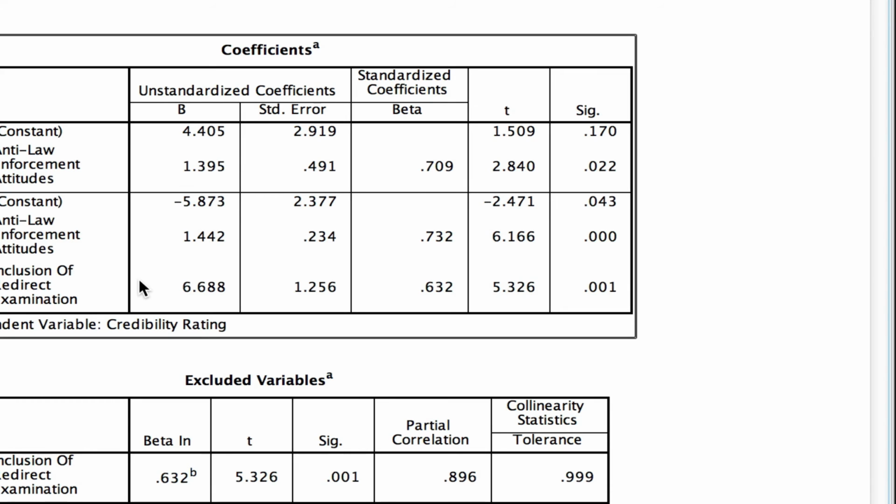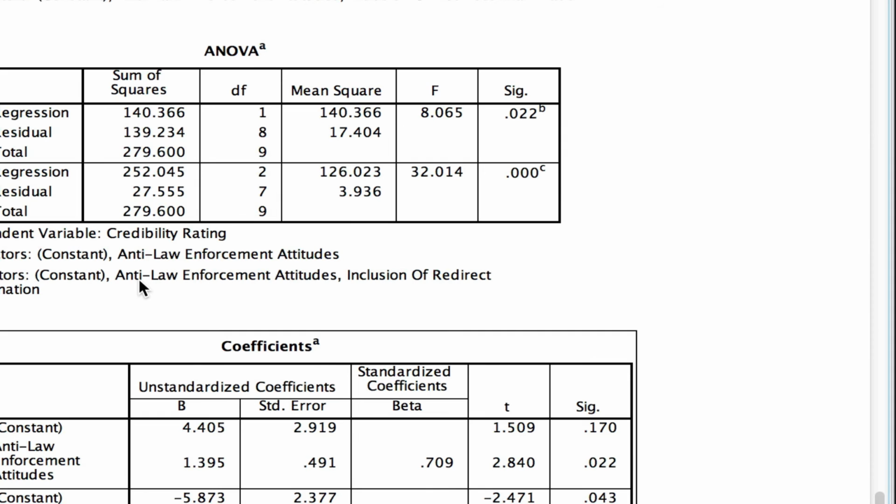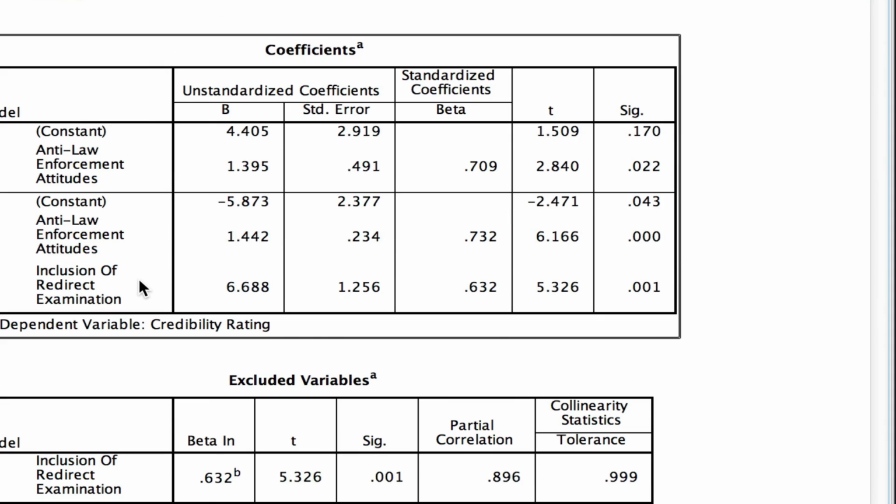I want to show you where those adjusted means actually come from now. We can do that by using the regression equation. So we're going to use the regression equation as normal.